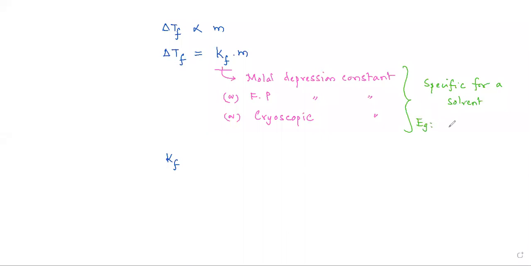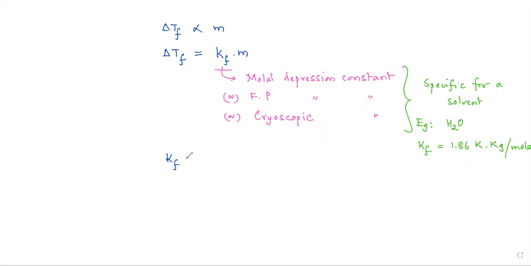Let us take one example, same example, water, for which Kf is given as 1.86 Kelvin kg per mole. Kb is 0.52, Kf is 1.86. Try to remember these values.